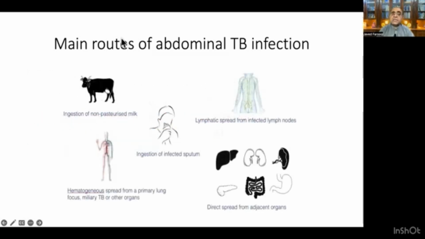And this is the diagrammatic presentation of these: ingestion of non-pasteurized milk, ingestion of infected sputum, hematogenous spread from primary lung focus, miliary TB or other organs, direct spread from adjacent organs, and lymphatic spread from infected lymph nodes.